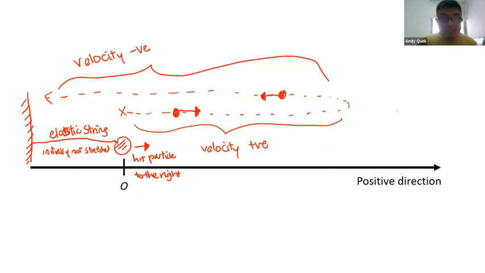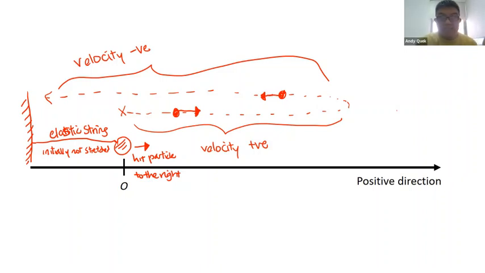But because the string gets more and more stretched, the particle will start slowing down until it comes to rest at some point. And then because the string is still stretched, it will pull the particle backwards, and then the particle starts accelerating in the other direction.